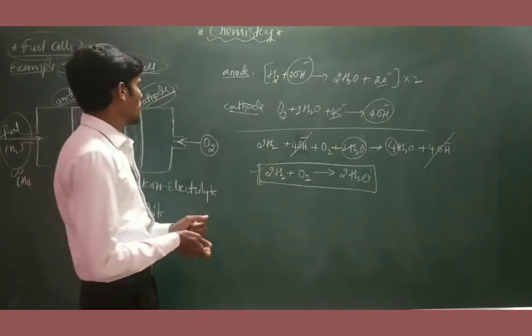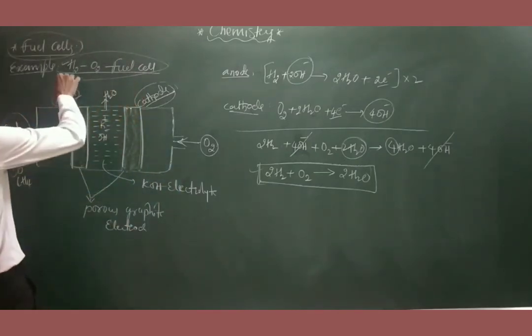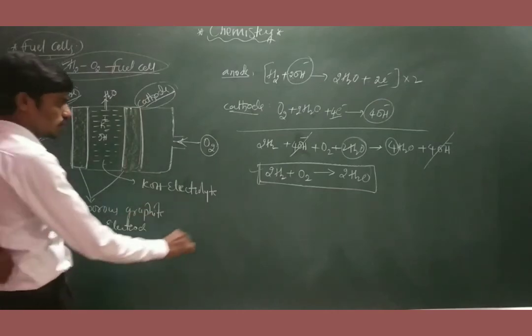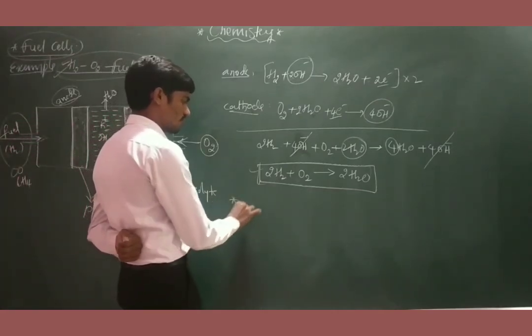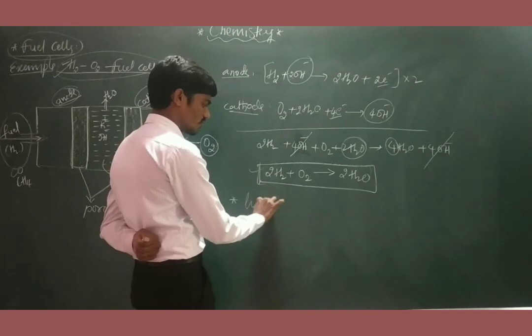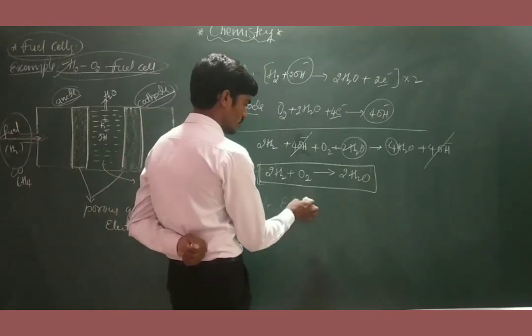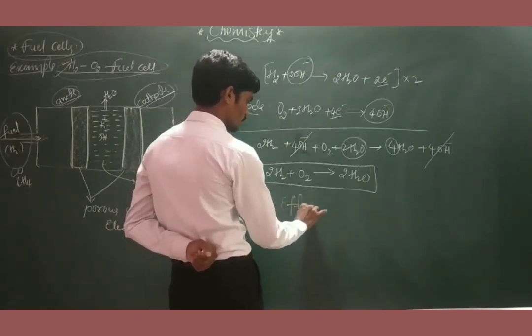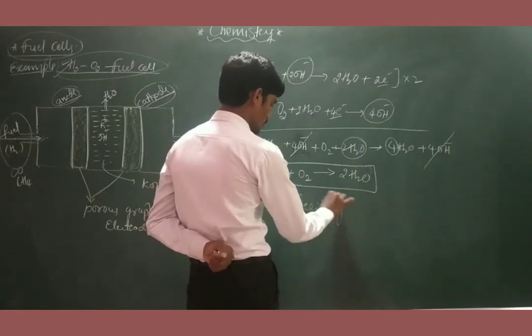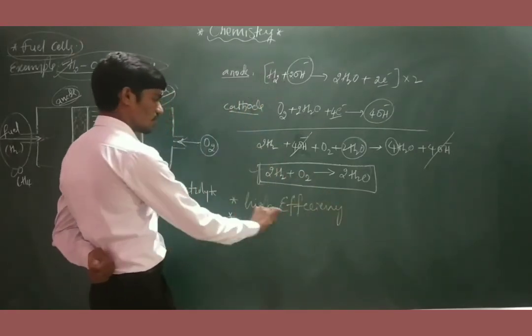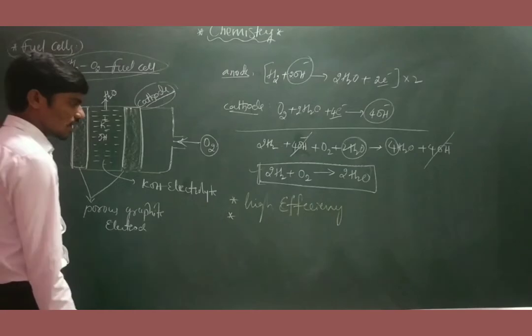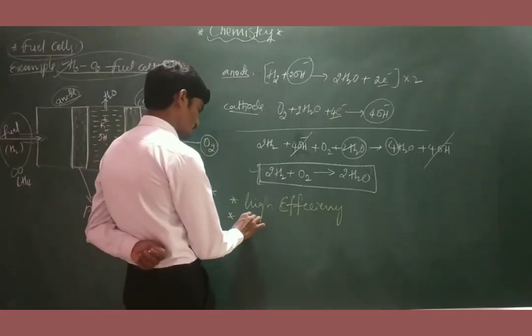It is very simple. Because of 3 reasons, it is very useful. Number 1, its high efficiency. The first one is high efficiency. And the second one is continuous supply of current.